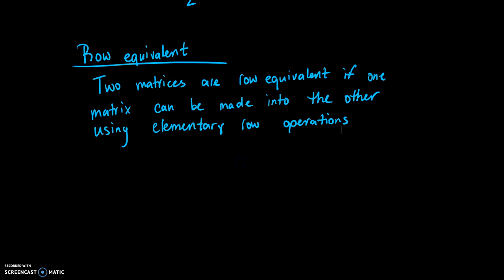Alright, and the important thing about row equivalency is if you get 2 matrices that are row equivalent, alright?